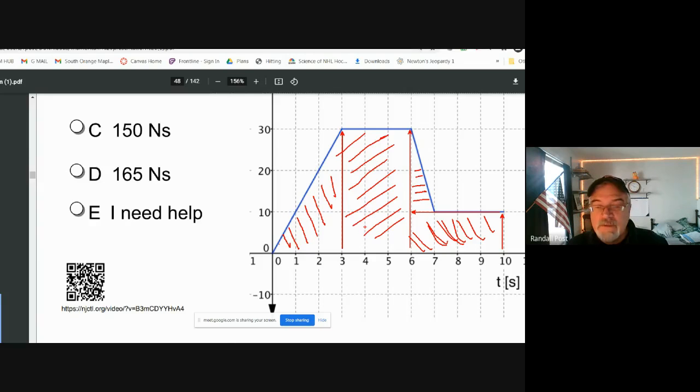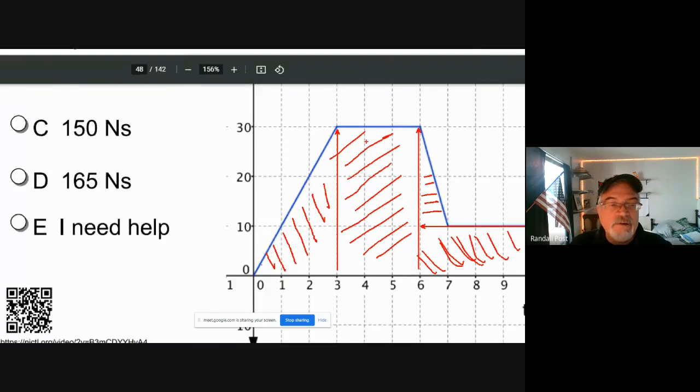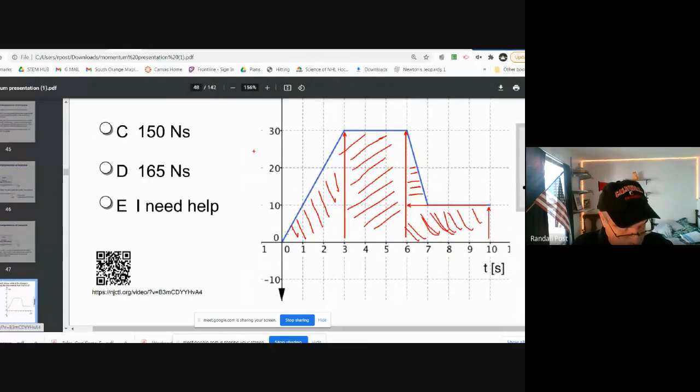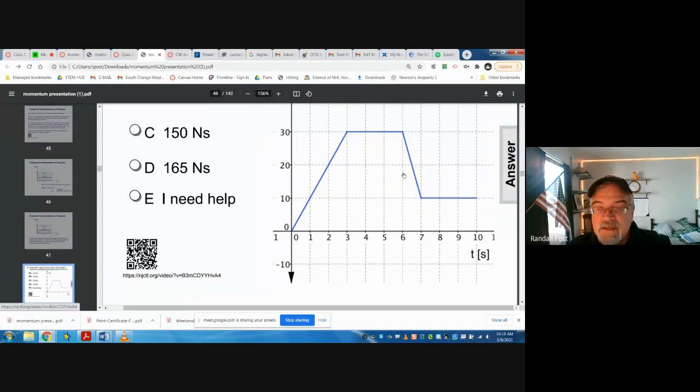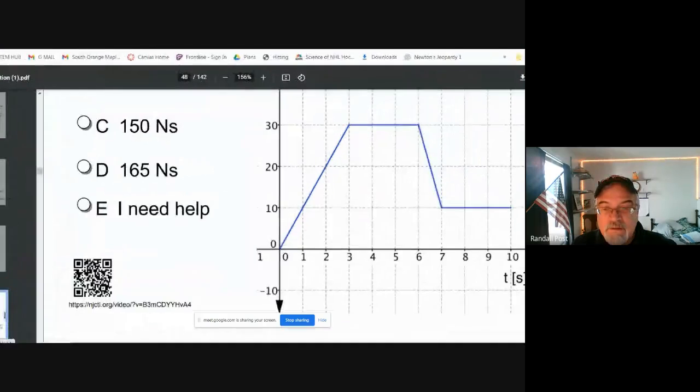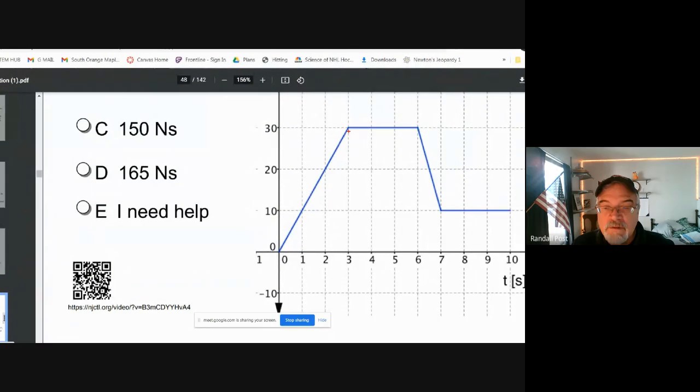Okay. So suppose we wanted to know just the first 6 seconds. Well, then we just take these two sections here, the triangle and the rectangle.